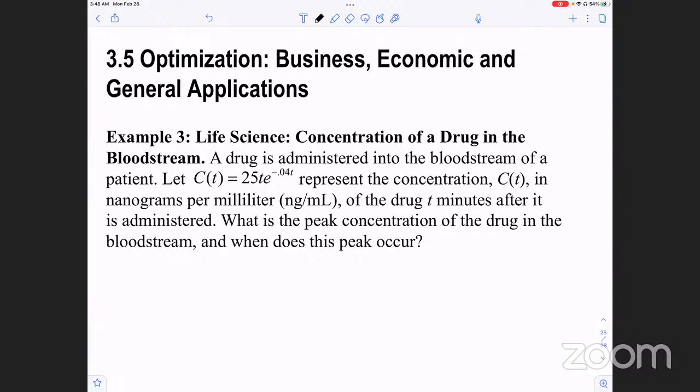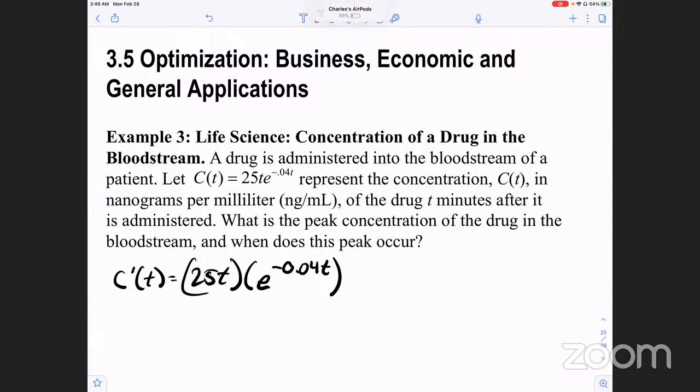So let's look at the first derivative, C prime of t. It looks like we have to use the product rule here. We take the first, which is this, times the derivative of the second. The derivative of e to a power is itself, times the derivative of the exponent, which is negative 0.04.